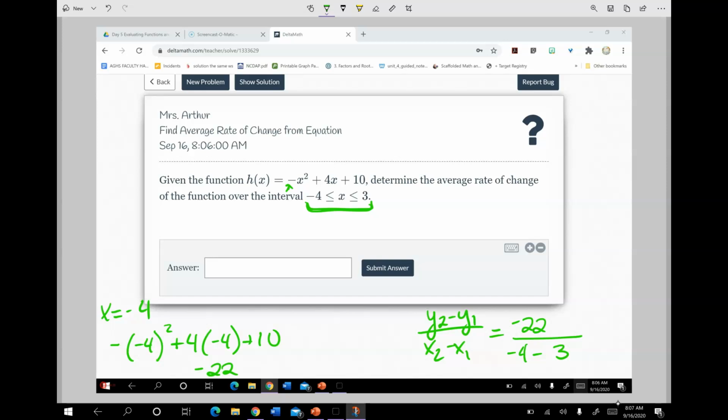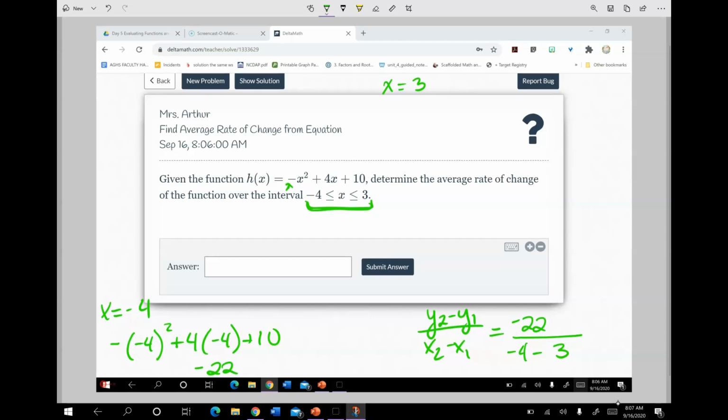Now I'm going to do 3. I'm going to come up here and do 3. So x equals 3. I'm going to replace all the x values with 3. So I have negative, parentheses 3 squared plus 4 parentheses 3 plus 10. Okay, I type it in to get my answer. And I get it to be 13.